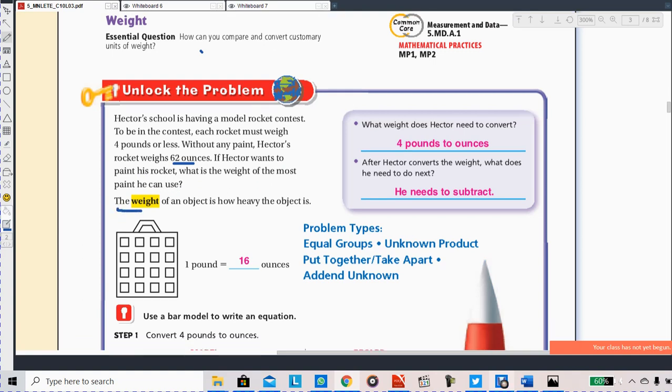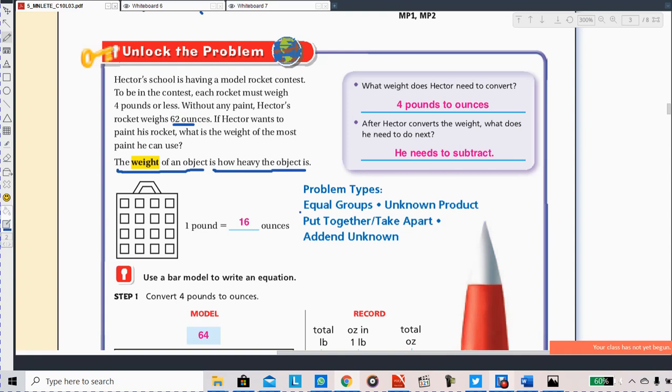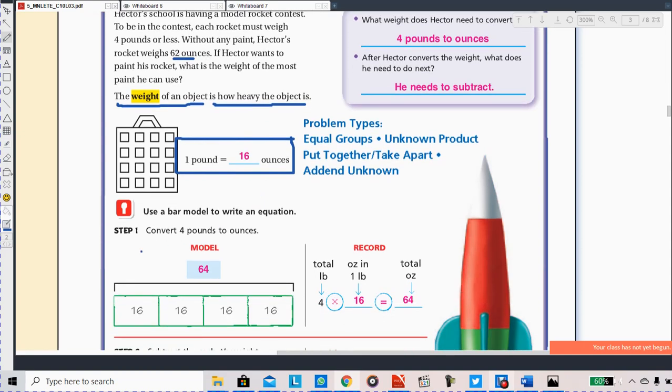Okay, the weight of an object is how heavy the object is. And as we learned before, 1 pound equals 16 ounces. Now, we need to convert 4 pounds to ounces.